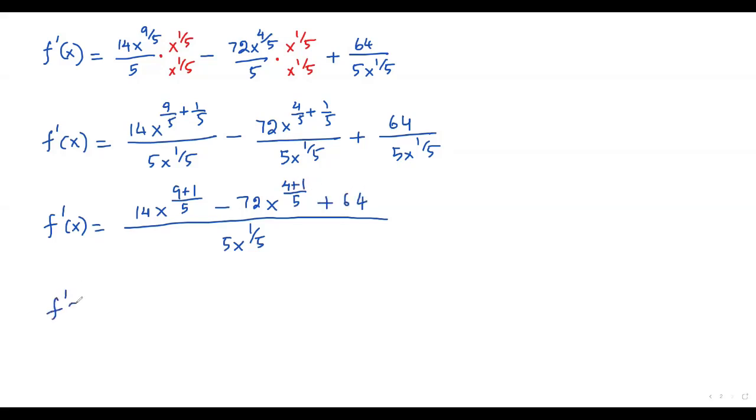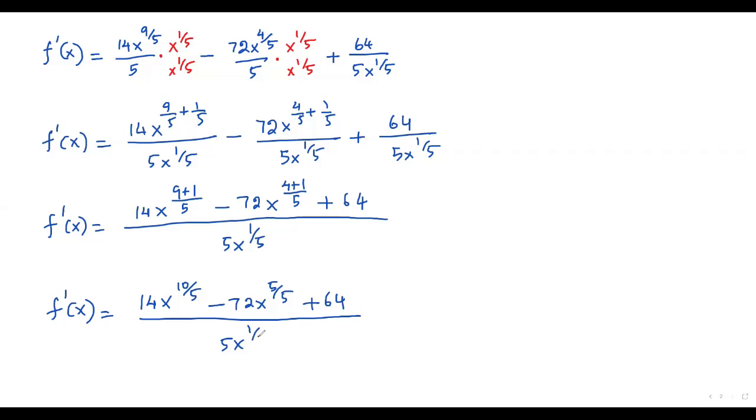So f prime of x equals 14 times x to the power of, here 9 positive 1 is 10, then we get 10 over 5, and negative 72 times x to the power of, here 4 positive 1 is 5, then we get 5 over 5, positive 64 over 5 times x to the power of 1 over 5. Okay, let me continue over here.